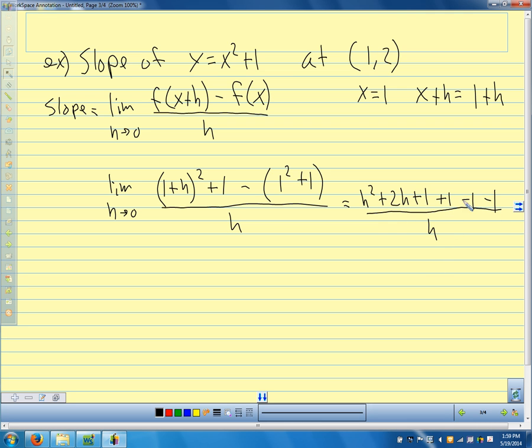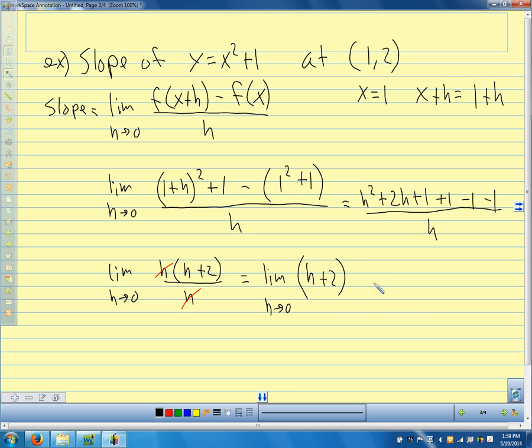Well, I have a plus 1, a plus 1, a minus 1, a minus 1, so those all go away. And I forgot to write my limit here, so I should write my limit. Limit as h approaches 0, and I'm going to factor out an h here. So I get h times (h plus 2) over h. All these 1s go away. The h's cancel. And I get the limit as h approaches 0 of h plus 2.